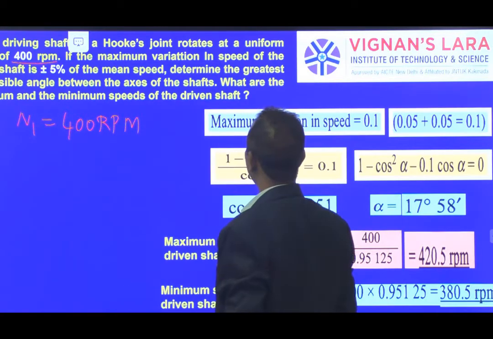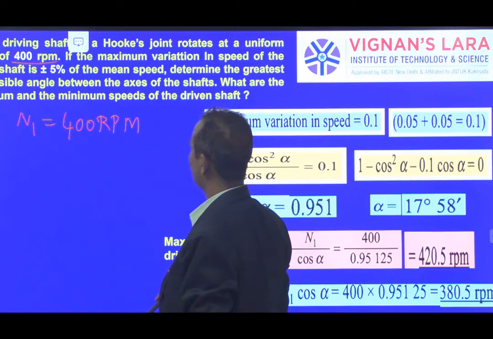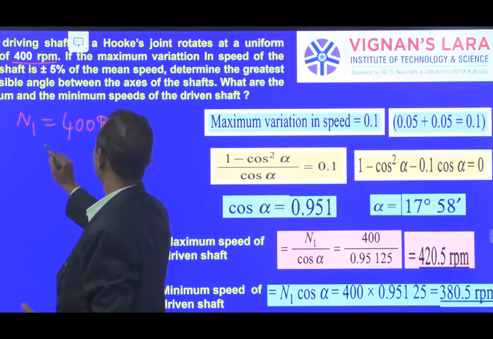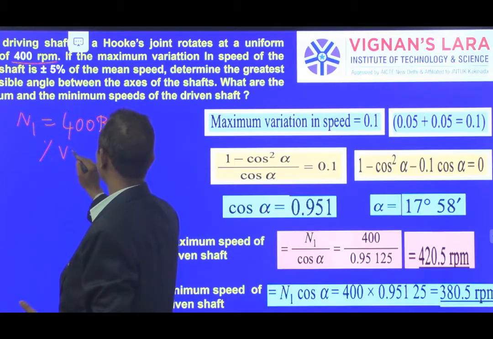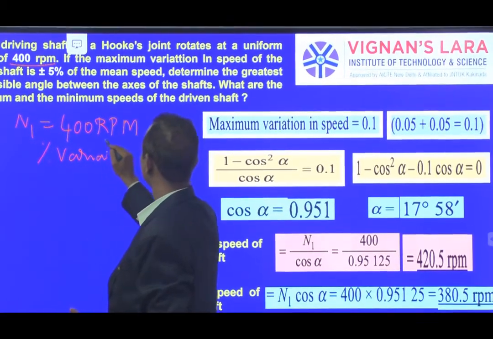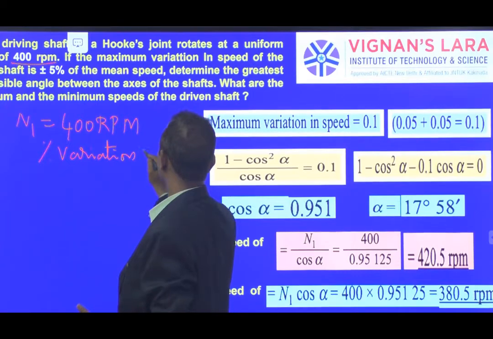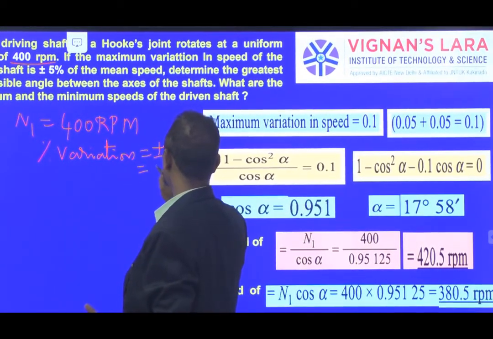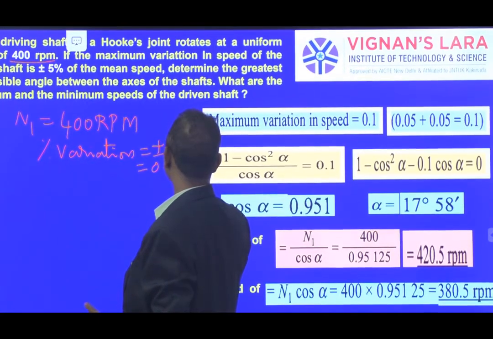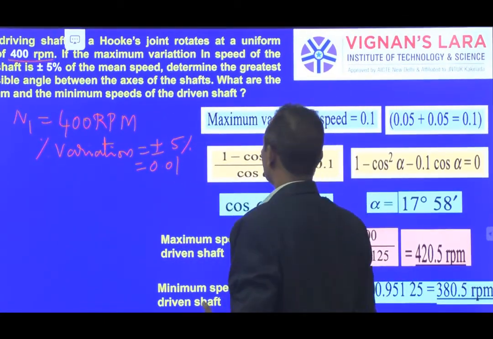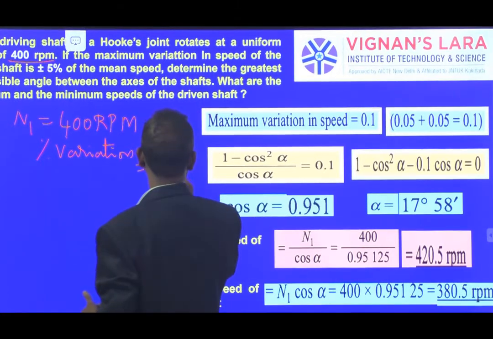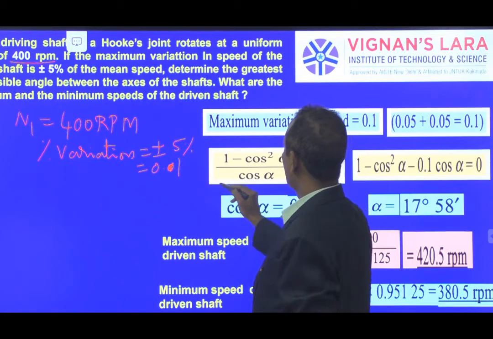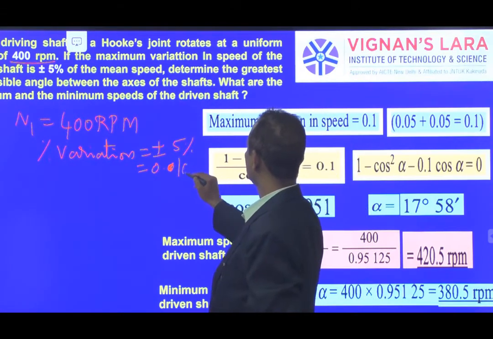If the maximum variation in speed of the driven shaft is 5% plus or minus, that is, the percentage of variation is plus or minus 5%, that is 10%, that is 0.1, then 0.1 of the mean speed.